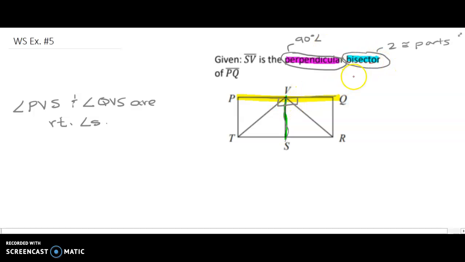Okay, so if it bisects PQ, that means that this piece here and this piece here are congruent. So I can write PV is congruent to QV. So there's 2 separate parts. The perpendicular tells us one thing, the bisector tells us another. All right, so I've done the first 5 with you. There's 16 total, so you can do the last few on your own. Hopefully this won't take you very long.